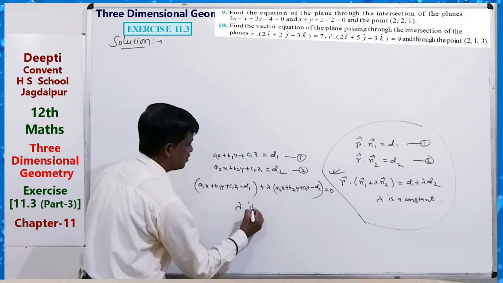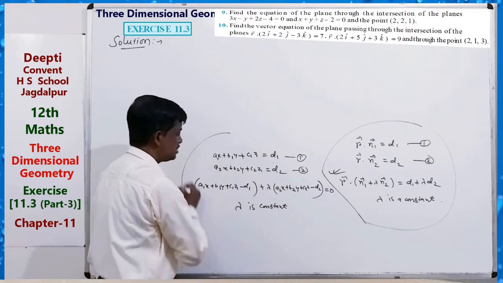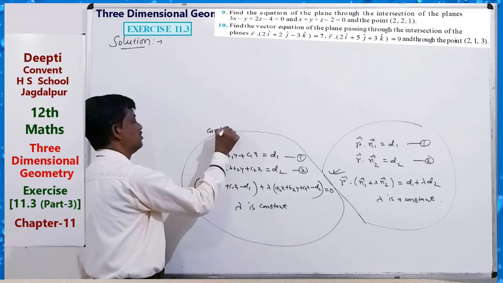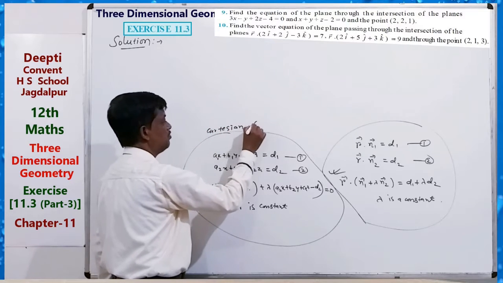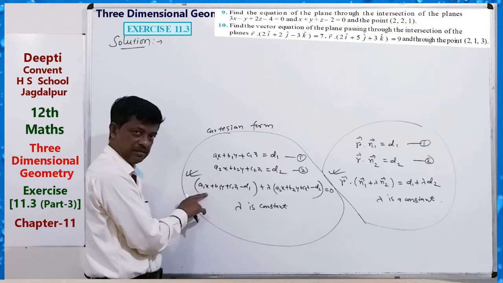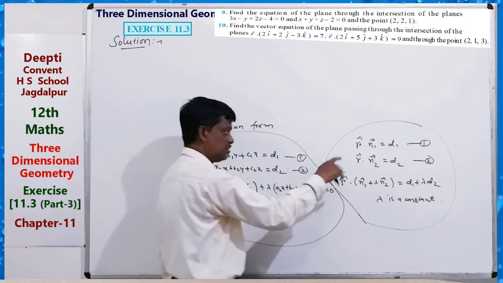Lambda is a constant. This is the Cartesian form, the plane passing through the intersection of these two planes. Also this is the vector form.